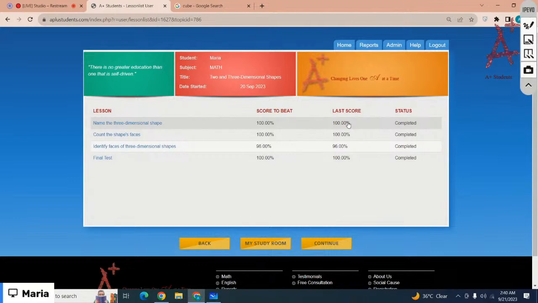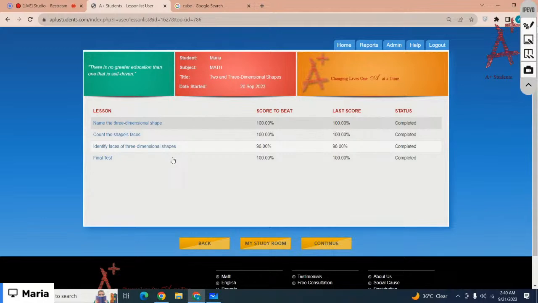The correct options are square and triangle. They all are two dimensional shapes, right? Which is the example of a three dimensional shape? The cube is an example of a three dimensional shape, right?